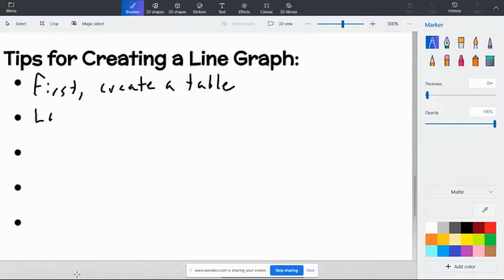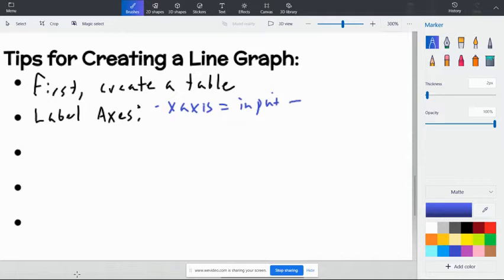The second thing you're going to want to do is label your axes. So you're going to have an x-axis, which is your input.